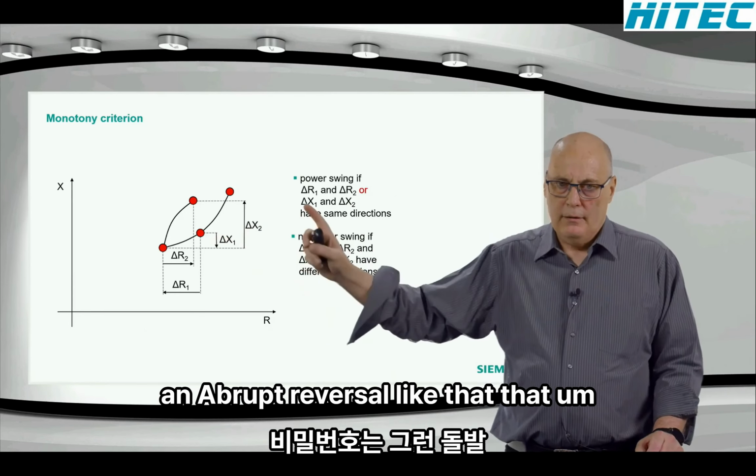Because remember, if it's inside the relay characteristic, this is somewhere at 120 or 150 degrees on our circle, that is not a point where the impedance can stop. It can stop at 60 degrees or 40 degrees, that's somewhere out here, but not in there. If it stops there, it's a fault, typically a three-phase fault. Very unlikely to happen, but some people like to test things like that, and the relay will detect that and reset the power swing blocking if that happens.